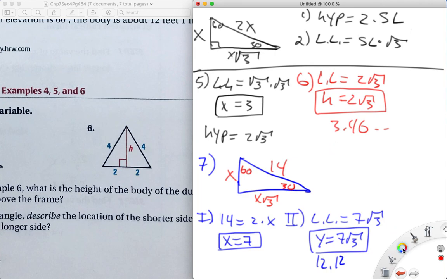The long leg is opposite of the 60-degree angle. And the hypotenuse is opposite of the 90-degree angle.